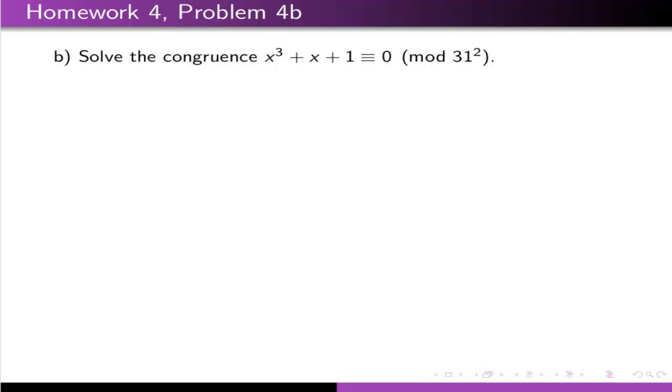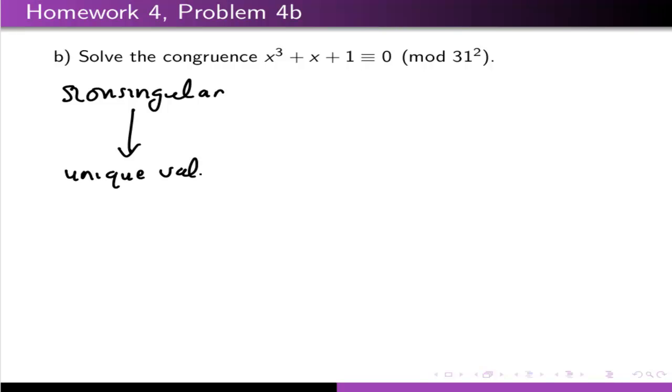And then part B, we're just doing a standard lifting. So once you have the two solutions in part A, one of the solutions is non-singular, and that'll lift to a unique value mod 31 squared.